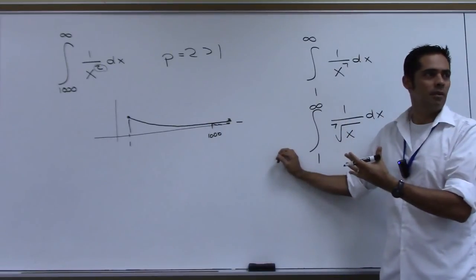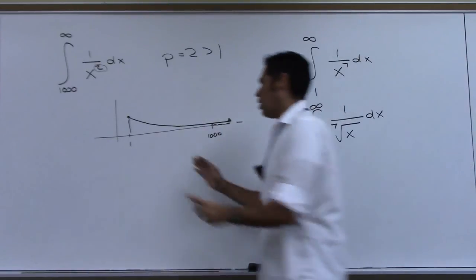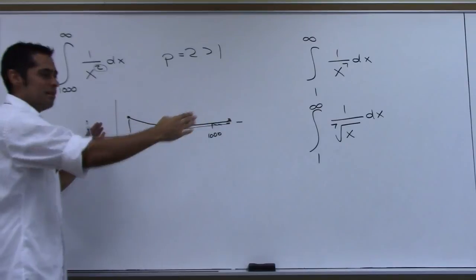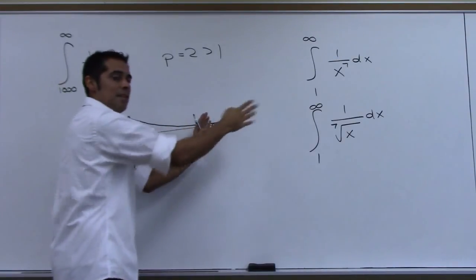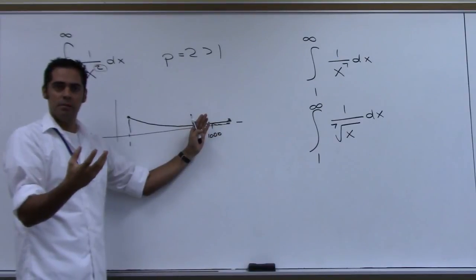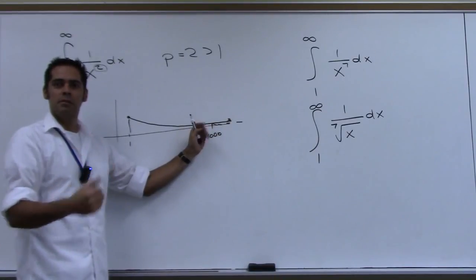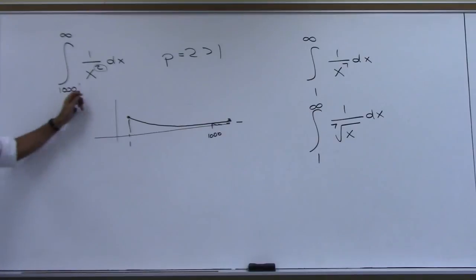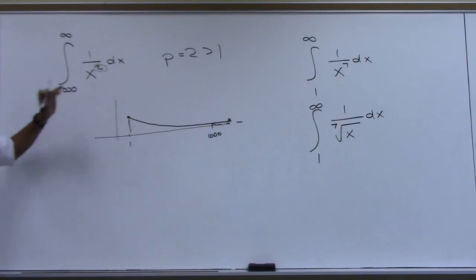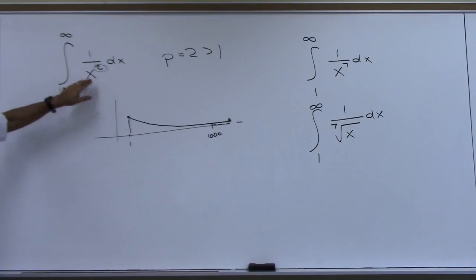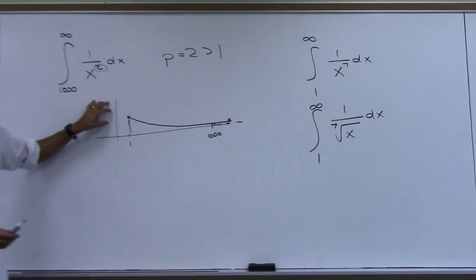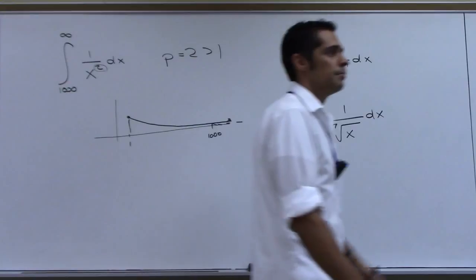That's still got to be convergent then. Because if the whole thing is convergent, then if you take out a part of it, what's left is still going to be a finite number. Right? It has to be. So that would also be convergent. Now, what's the answer? You actually have to go work it out, right? But you know it converges just by looking at it because of that.